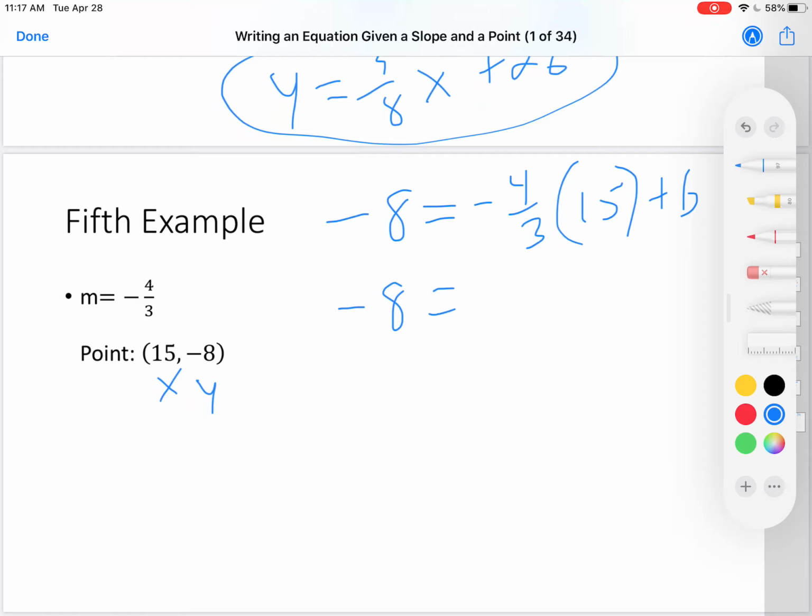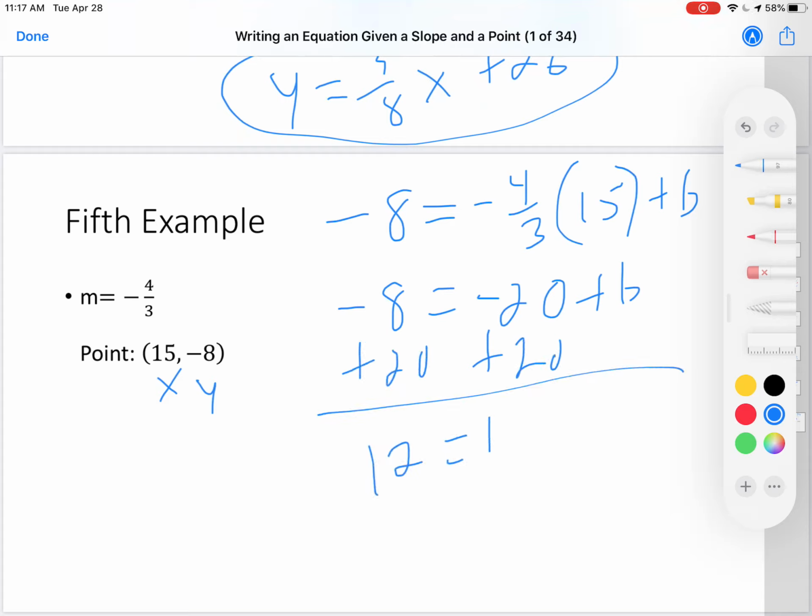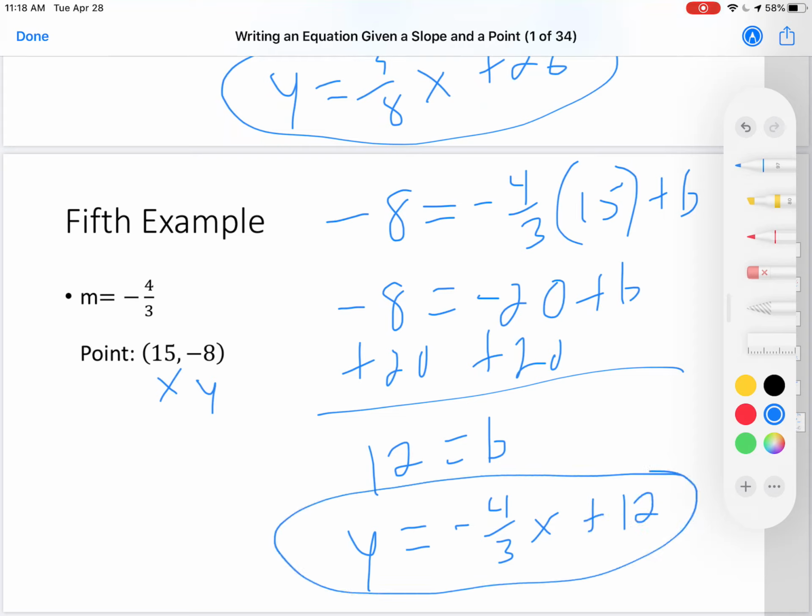Negative 8 equals, 15 divided by 3 is 5. 5 times 4 is 20. In this case, negative 20 plus b. That's negative 20, so plus 20, plus 20. 12 equals b. The equation is y equals negative 4/3 x plus 12.